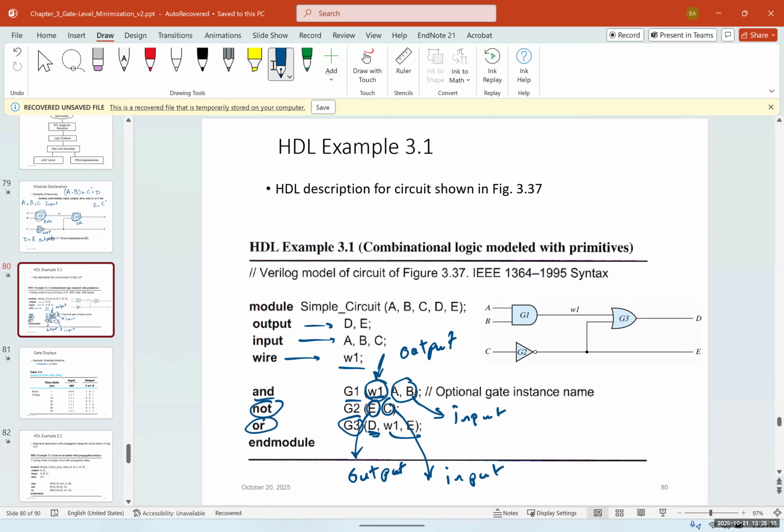So first we need to get the output of G1, and then we can do G3. And this may take 10 nanoseconds, for example. So before 10 nanoseconds, I don't have any outputs. And 10 nanoseconds for the second one. So it takes 20 nanoseconds till I get the answer D. Does that make sense? And for E, if this takes 10 nanoseconds, I'm going to get this in 10 nanoseconds. So E takes 10 nanoseconds and D takes 20 nanoseconds, okay?